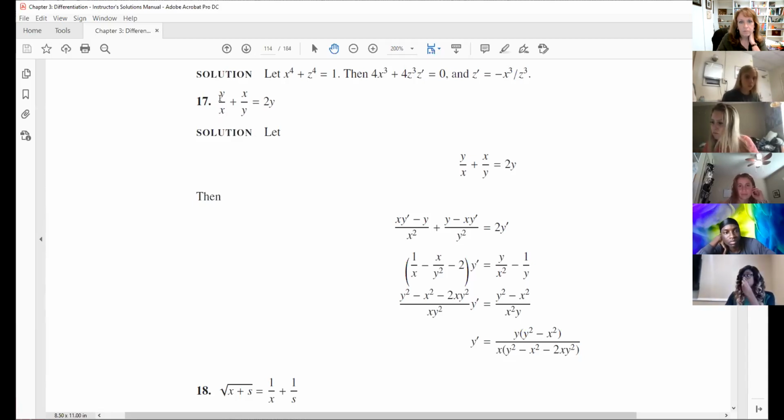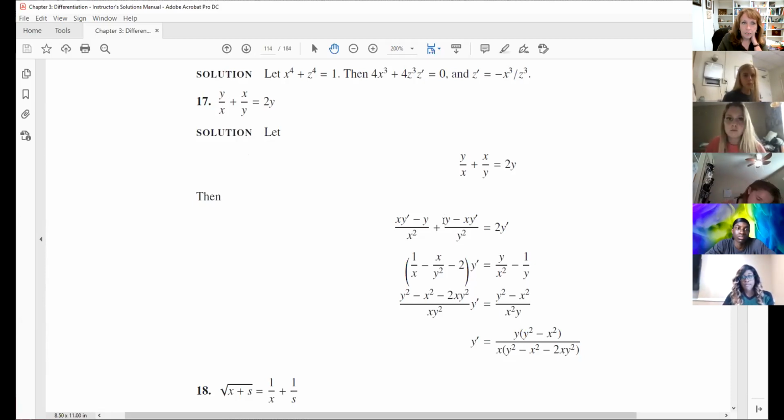So d times n prime, so that's x times y prime plus y times x prime. Sorry, my bad, I said that backwards. D times n prime, so that's x times y prime minus y times x prime, which of course the derivative of x in this case would be 1, all over x squared, and then repeat the process here.